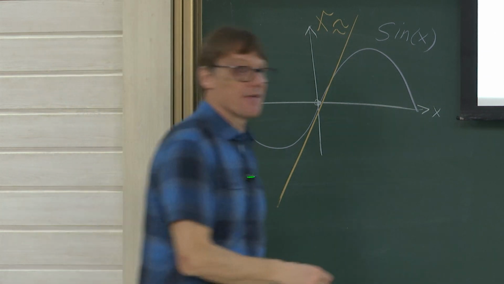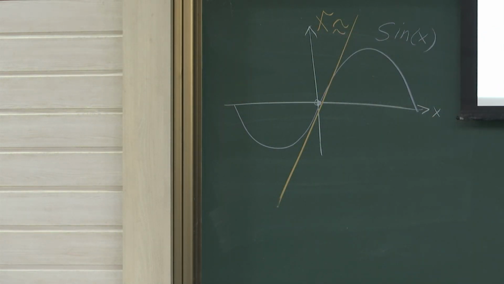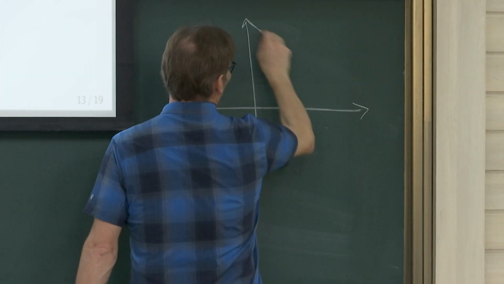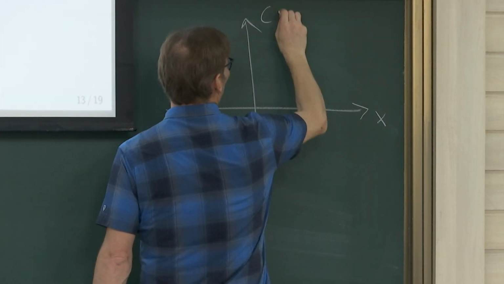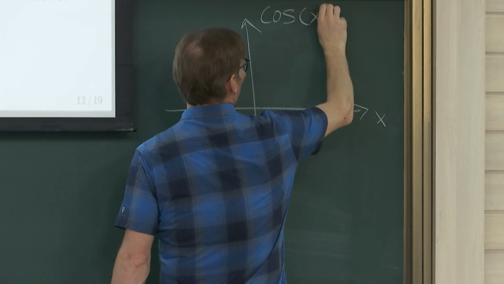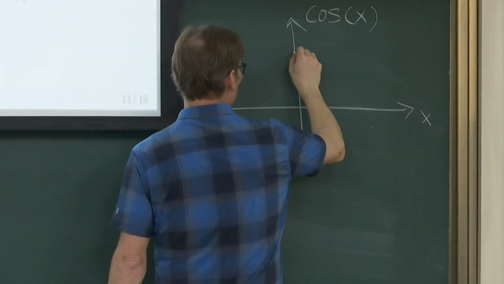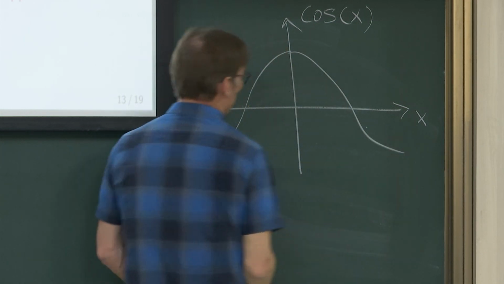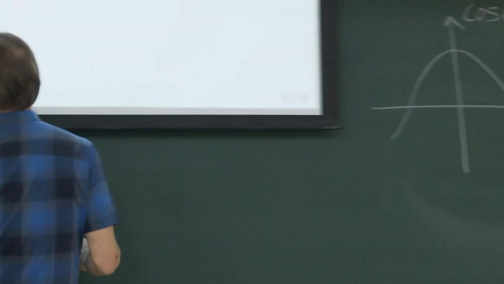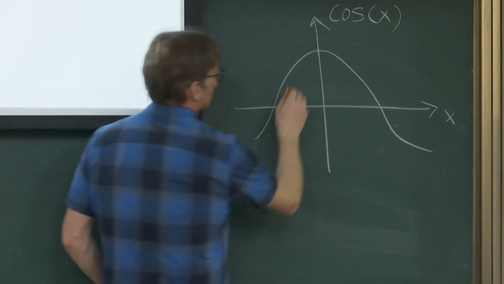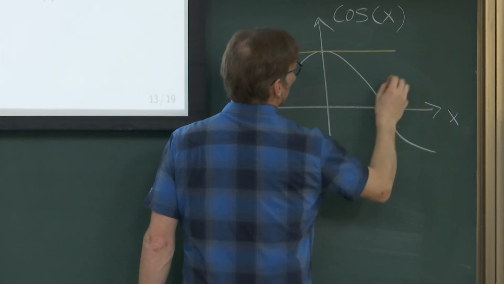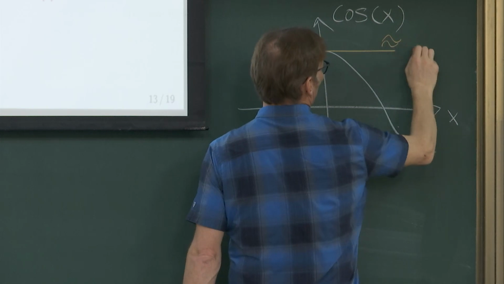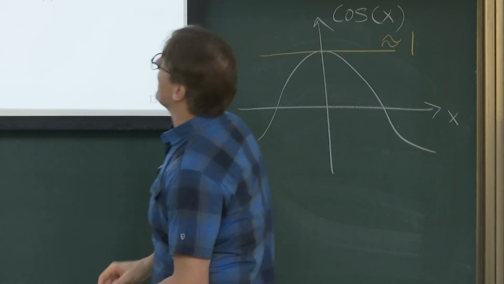And I can do the same thing for cosine of x. So I can draw a picture over here. And again, near the origin, cosine of x is approximated well by just a constant 1.